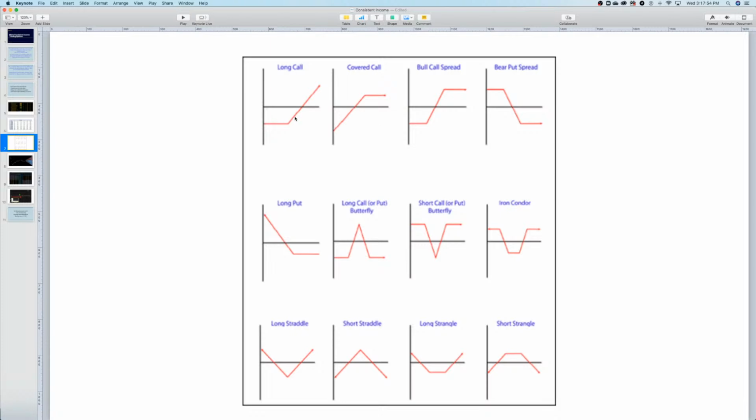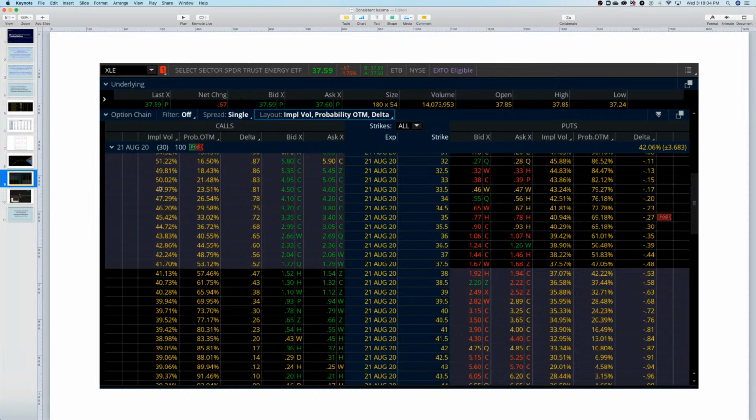It could be a combination of long and short calls, or long calls and short puts, and all different other types of things. It doesn't show you, after you've combined it, what the odds are. But that's not important, because you can figure that out, and I can show you how to figure that out.